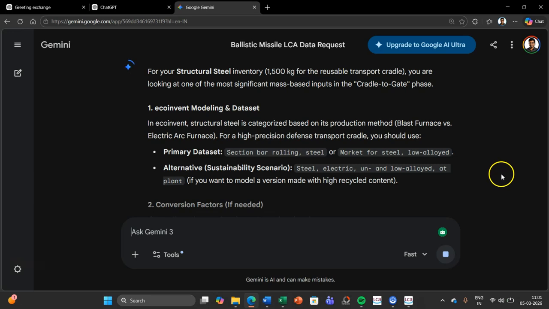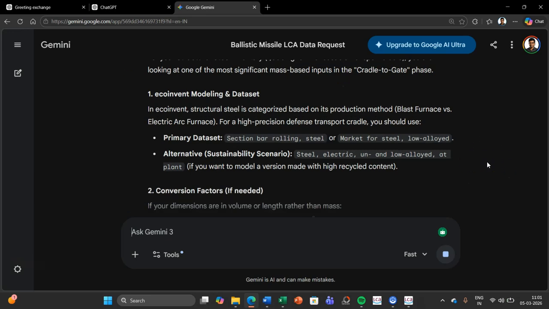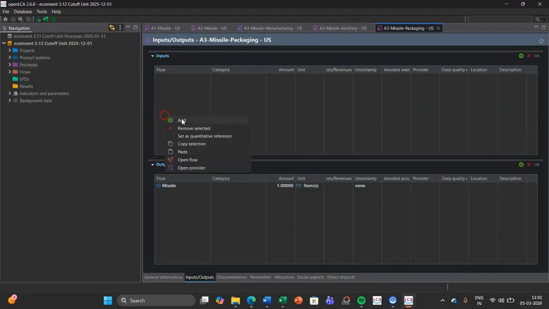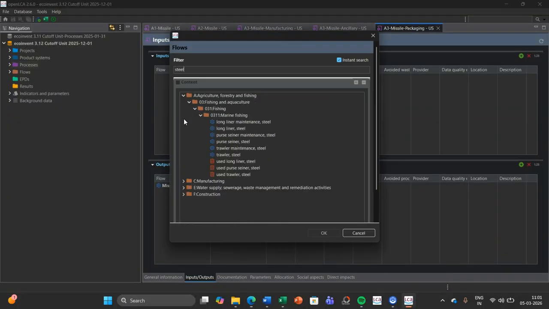Okay, steel low alloyed, because in ecoinvent that's how it will be. Okay, manufacturing.